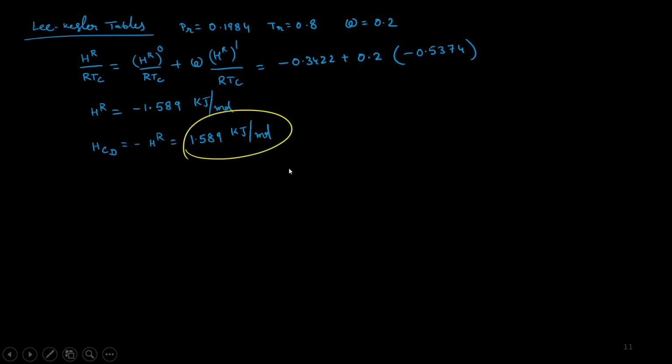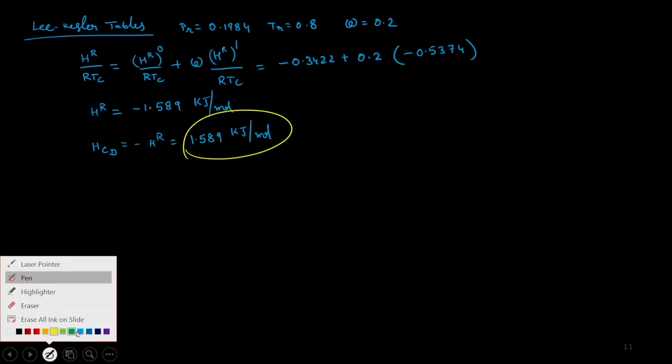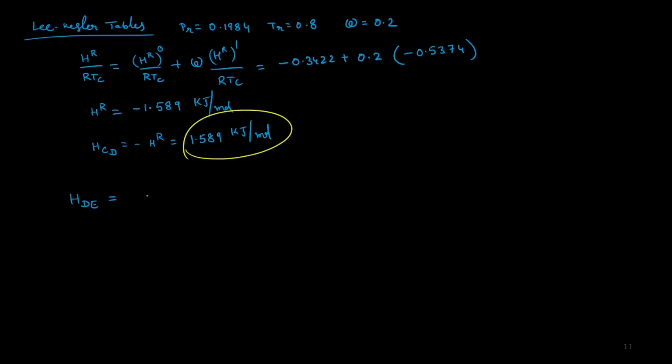The enthalpy change for HD to E is going to be a function of temperature alone, the integral from TD to TE of Cp IG dT. Remember, this is an ideal gas state, so even if the pressure changes, it will not affect enthalpy. The temperature change will affect it, and it will be the integral of Cp IG dT.